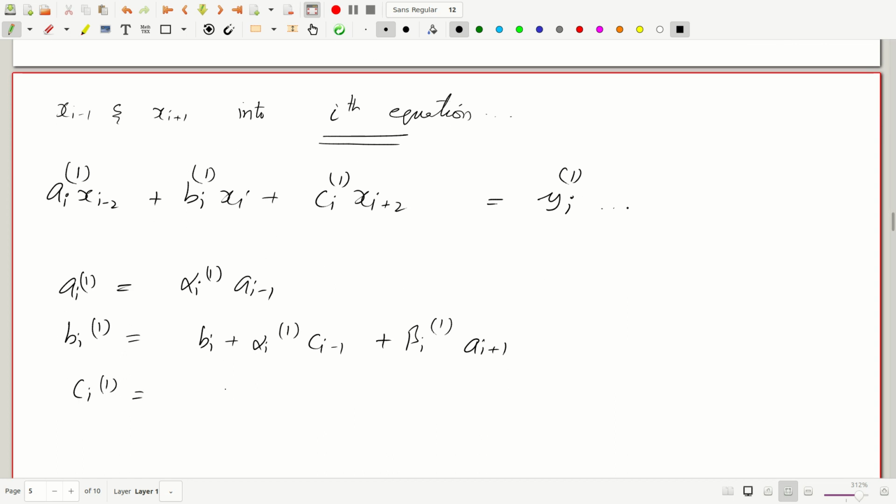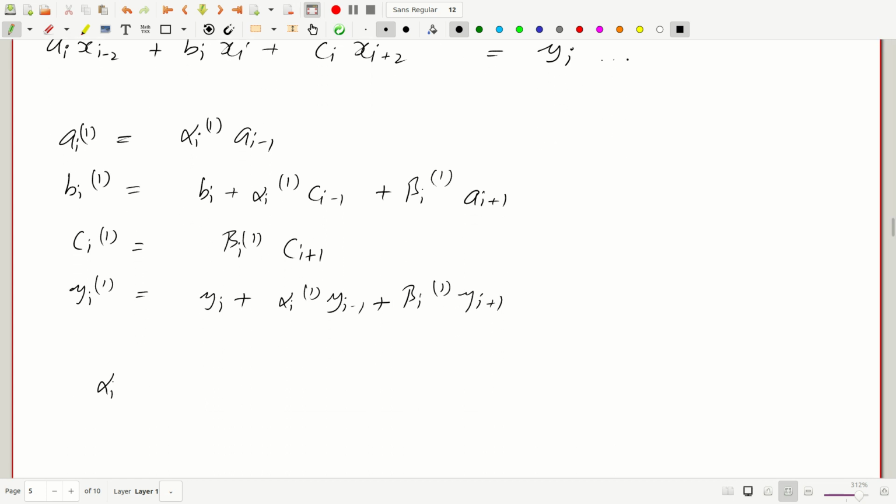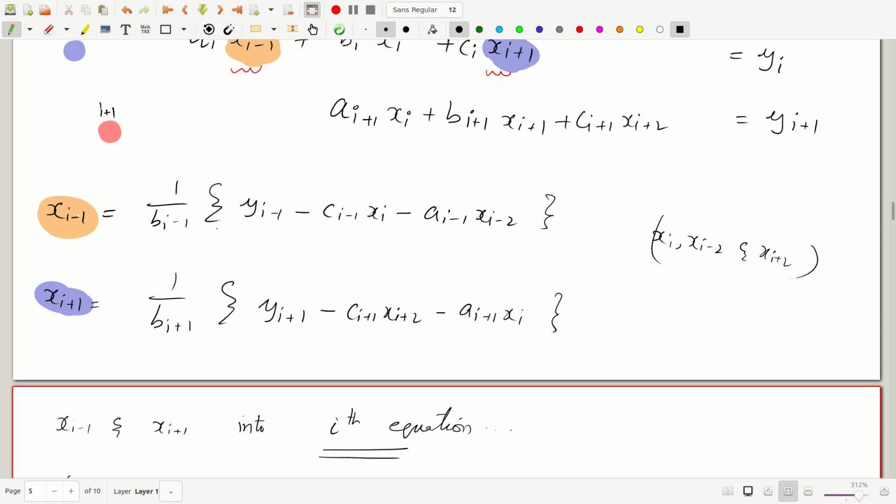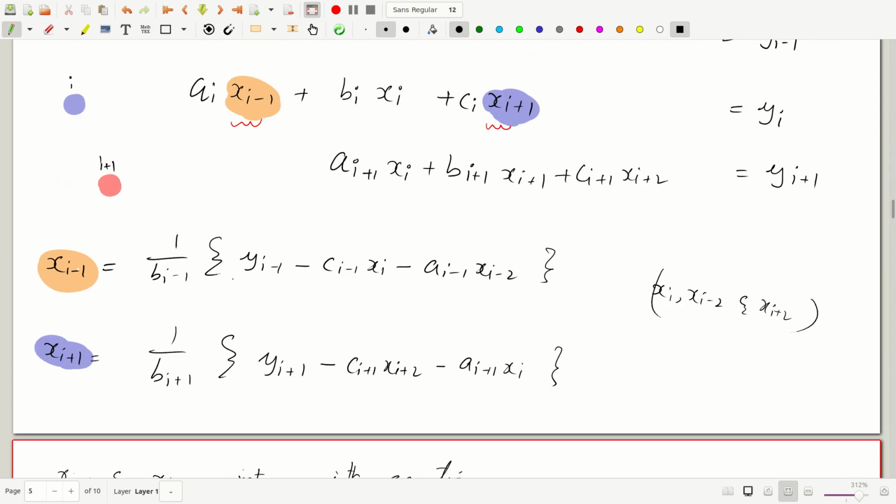So c_i^1 is equal to beta_i^1 times c_{i+1}, and then finally you have y_i^1 that is basically given by y_i plus alpha_i^1 y_{i-1} plus beta_i^1 y_{i+1}, okay? So we have some values for the new coefficients in the system, and of course the values of alpha will involve these coefficients, okay?